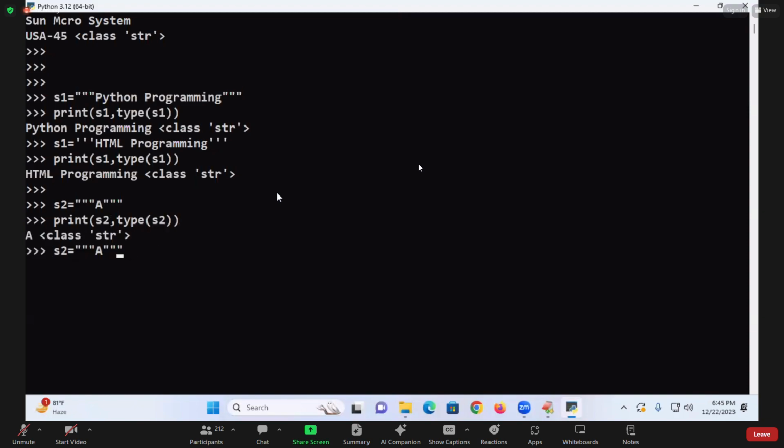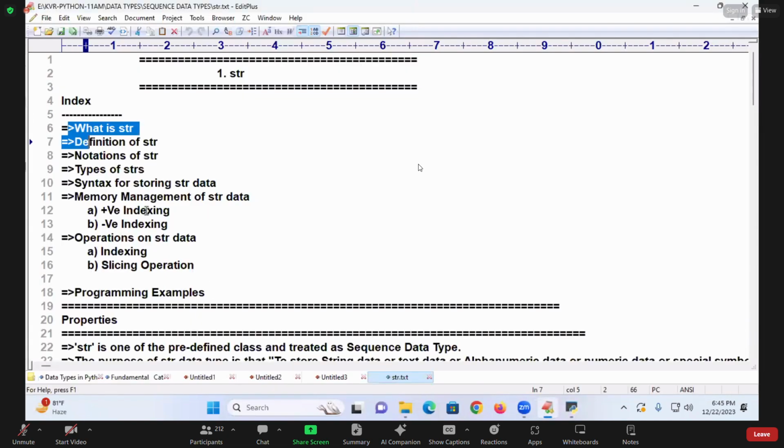You can also write something like this, with single quotes, like this. So with triple double quotes or triple single quotes, I can write anything. Any string can be written in this way. Are you following? Now I will open some small documentation, the same notes only.